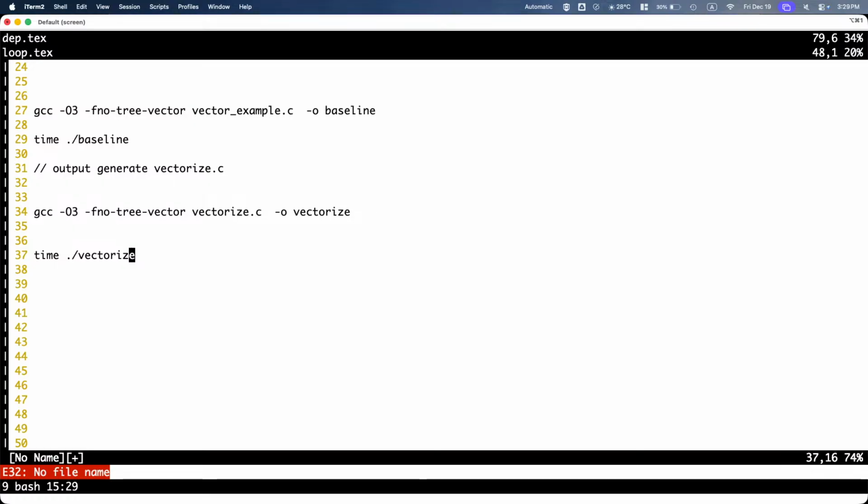Strip mine and give an annotation that this is to be vectorized. There is a pragma you insert. The specific pragma is mentioned in the README. Is that right, Mitesh? Oh, you have given it as a hint. Perfect.